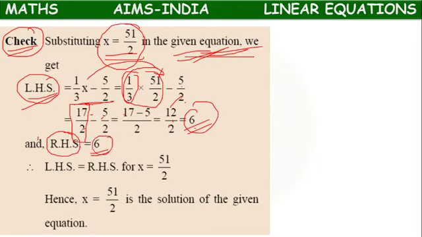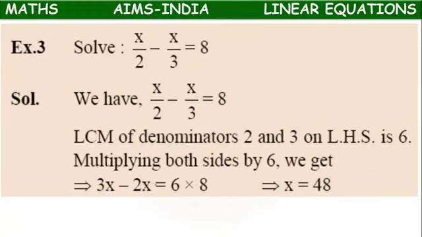RHS also 6. LHS equals RHS when x equals 51 by 2. So this is the correct solution. Like that we can cross check. Next, solve x by 2 minus x by 3 equals 8.